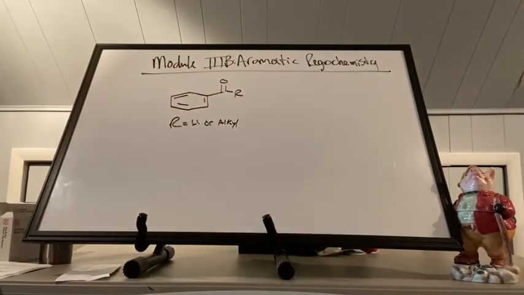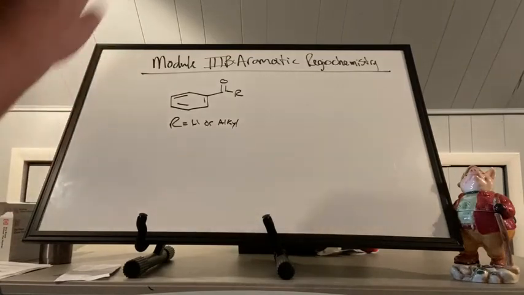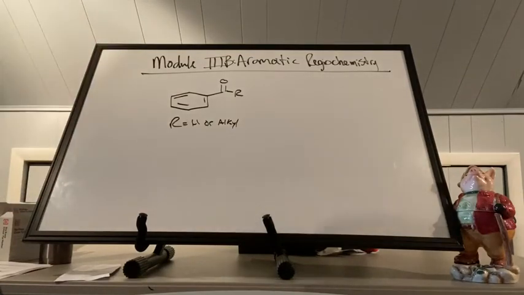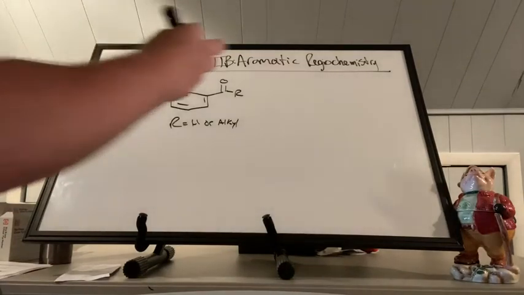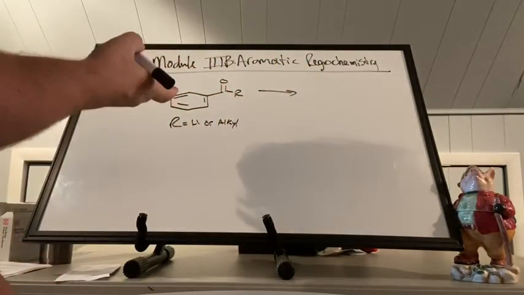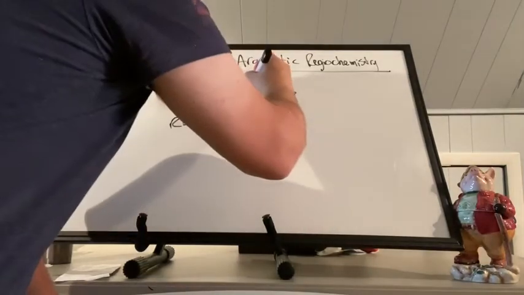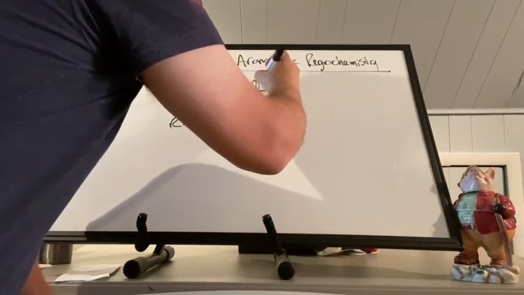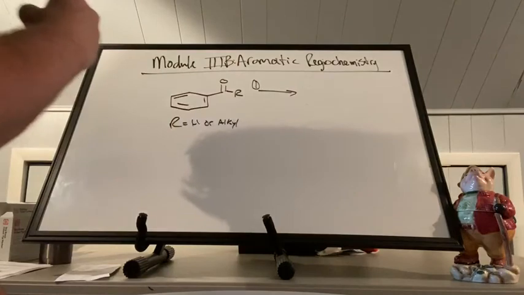That's right there, R, so it's just some generic representation. Now, if we use a set of reagents, what are referred to as a Wolff-Kishner reduction.